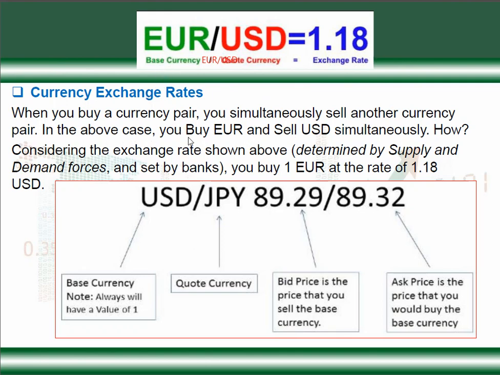In the above case, you buy Euro and sell USD. So this is a pair. When you are trading a pair, you buy one of the currencies in the pair and simultaneously sell the other. So to buy Euro USD means you buy Euro and simultaneously sell USD. To sell Euro USD means you sell Euro and buy USD at the same time. The broker handles this. You don't have to worry so much about any of those.